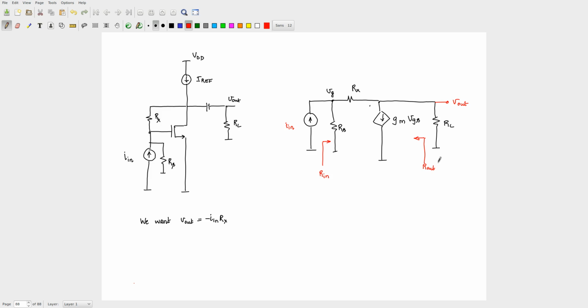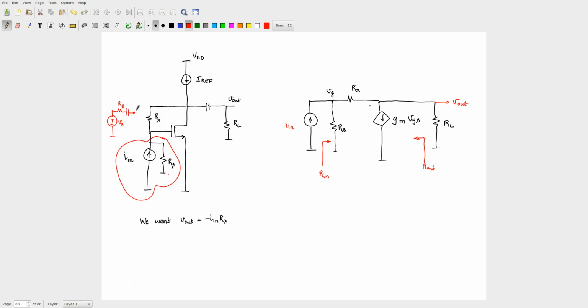So this essentially looks identical to your common source amplifier with drain feedback, because you can replace this I in and RS with a VS and an RS. And if you make it a voltage source, you put a capacitor also, so that there are no issues. Then the whole thing will look identical to your common source amplifier with drain feedback, and we have done that earlier.